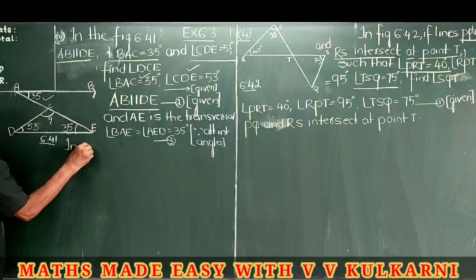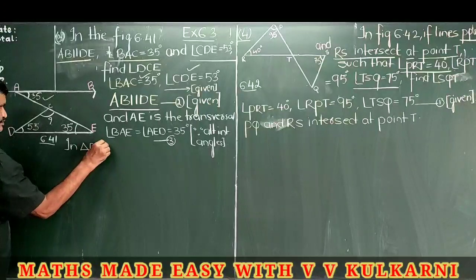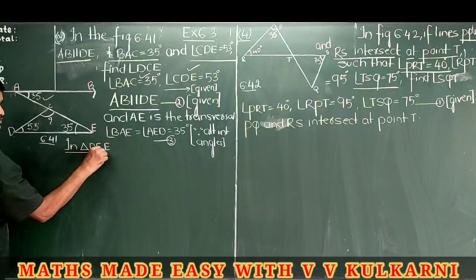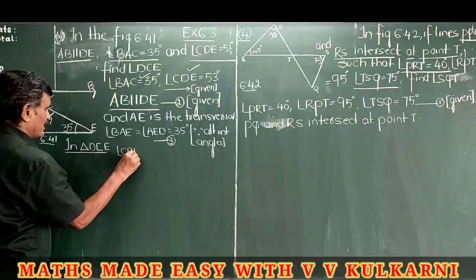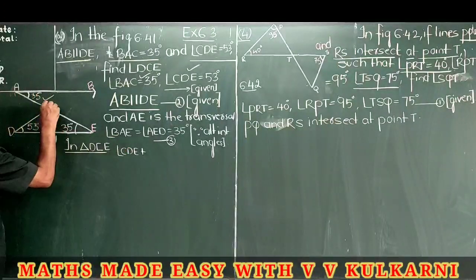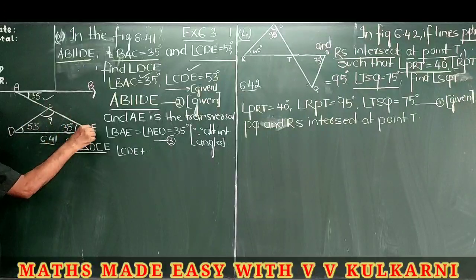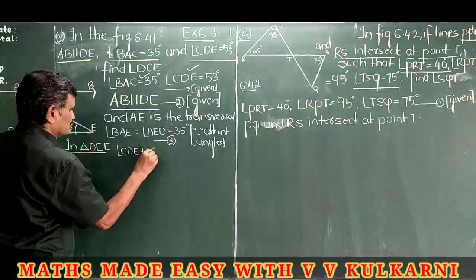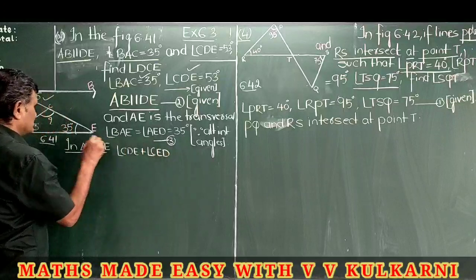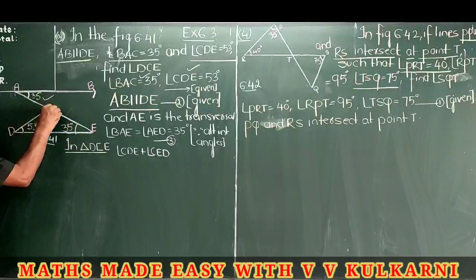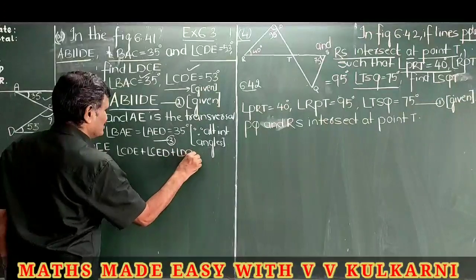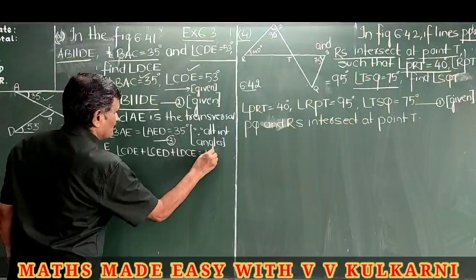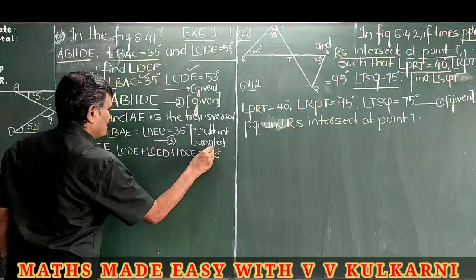In triangle DCE, angle CDE plus angle CED plus angle DCE is equal to 180 degrees.